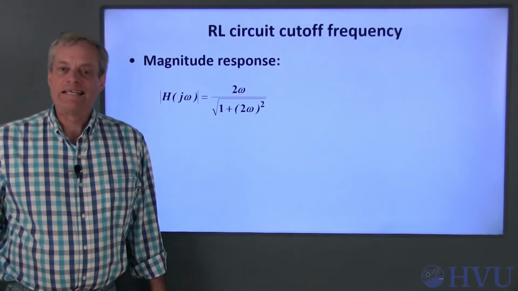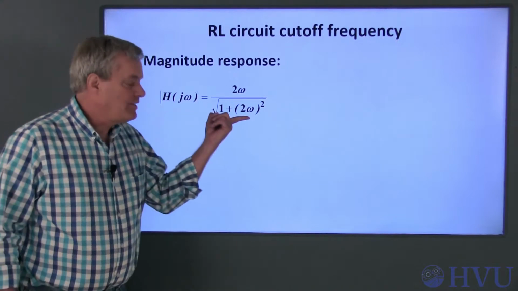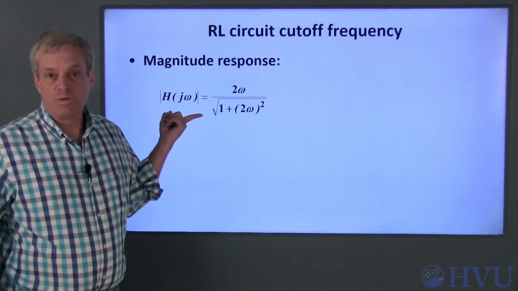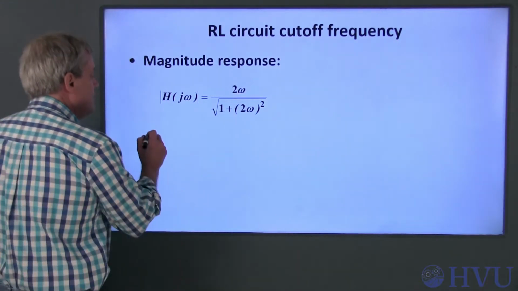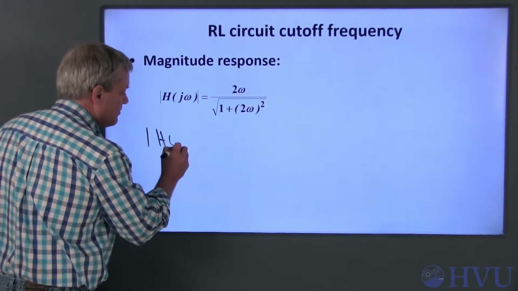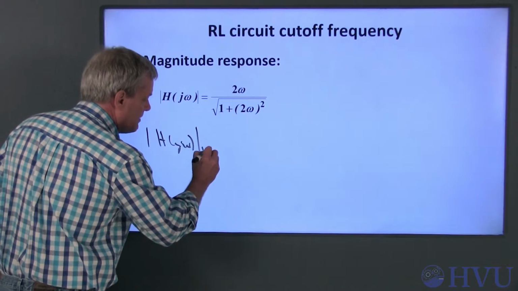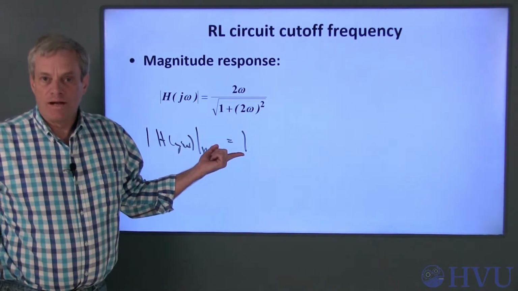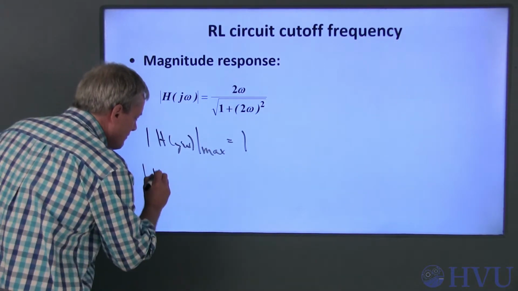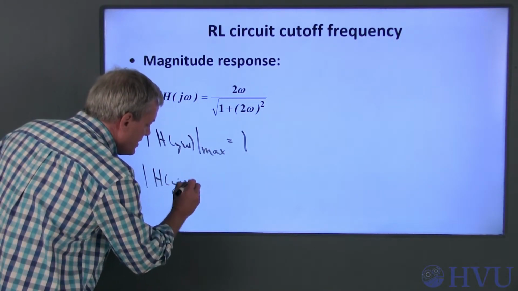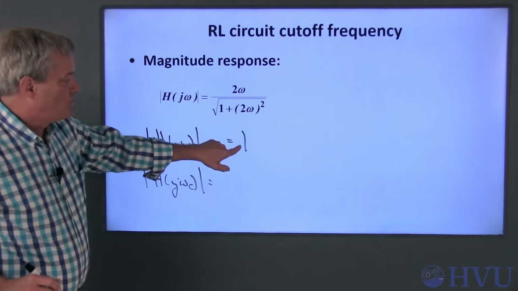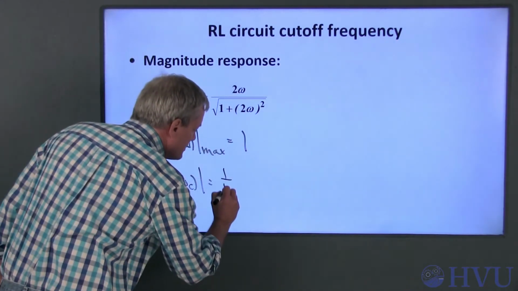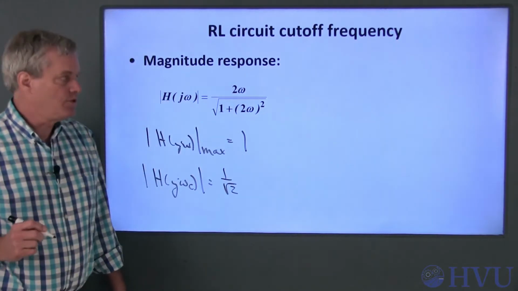For the RL example we had earlier, the magnitude response was this. We decided that the maximum value of this was 1 as omega goes to infinity. So the magnitude of H of j omega, its maximum value over all frequencies, is 1. The magnitude response at the corner frequency, magnitude of H of j omega sub c, is equal to whatever this maximum value is times 1 over root 2, which is 1 times 1 over root 2, or just 1 over root 2.